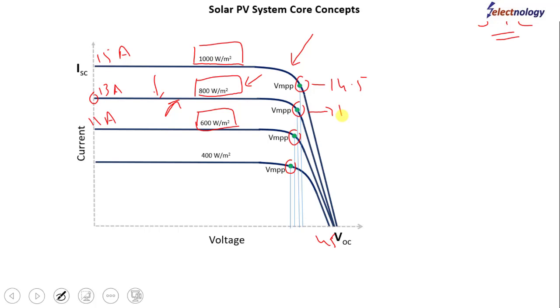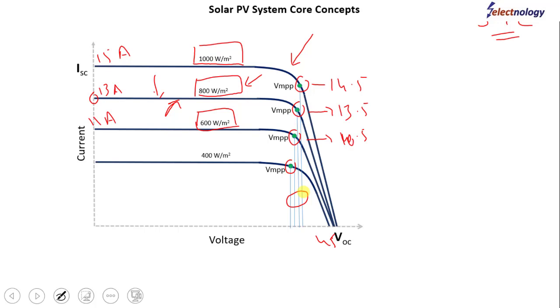This point could be 13 or 13.5 amperes. This could be like 11, 10 or 9 amperes. But the change in voltage is not much. So from here we can conclude that when the sun energy reduces, the voltage available at the terminals of the PV module doesn't change much.